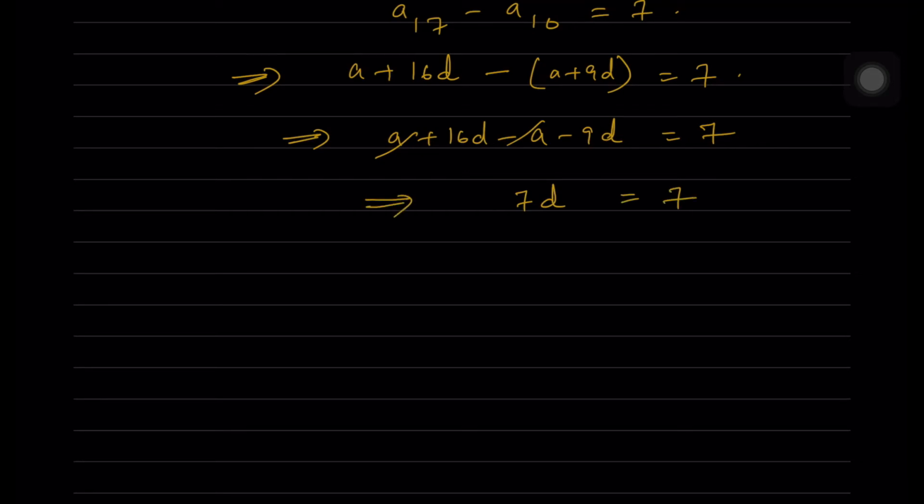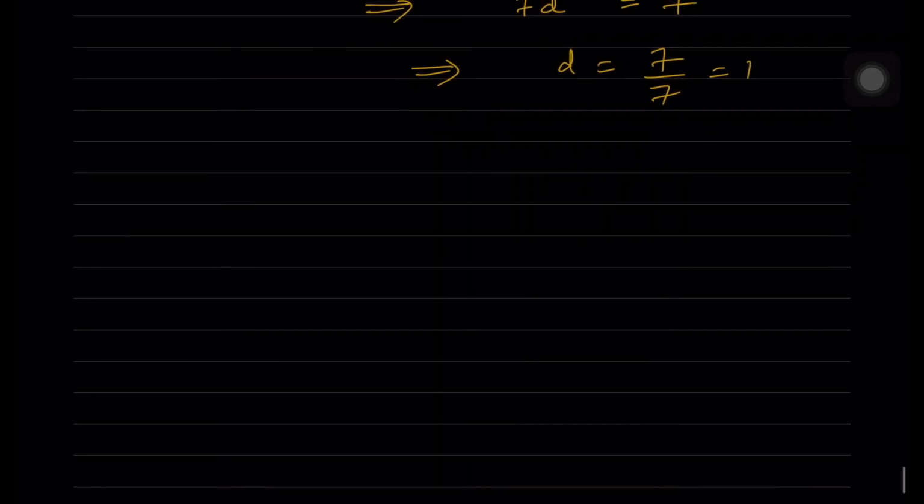So which implies that D is equal to 7 by 7, which is equal to 1. So hence the common difference is 1.